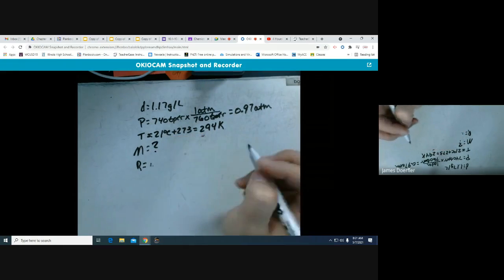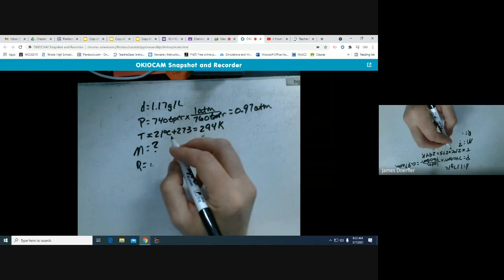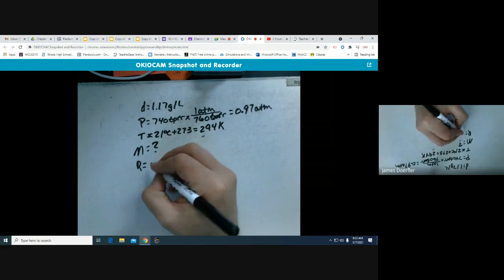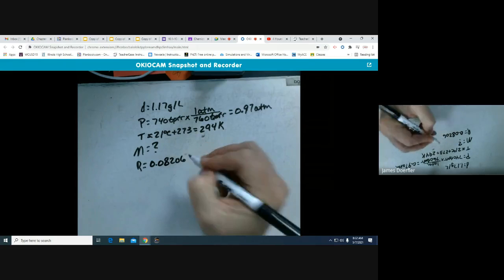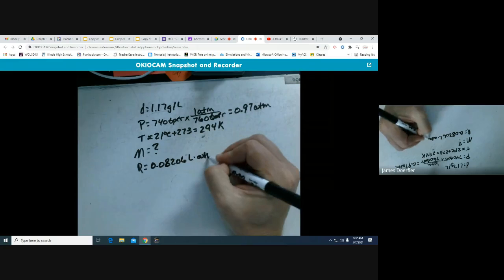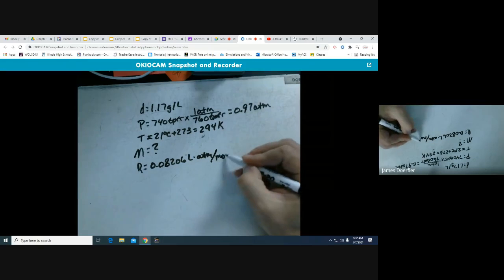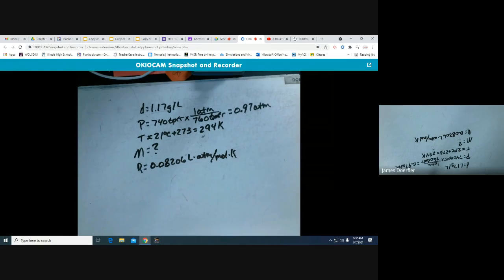The molar mass is what we're trying to find. And again, our R value gets to remain the same, 0.08206 liters times atmosphere over moles times Kelvin.